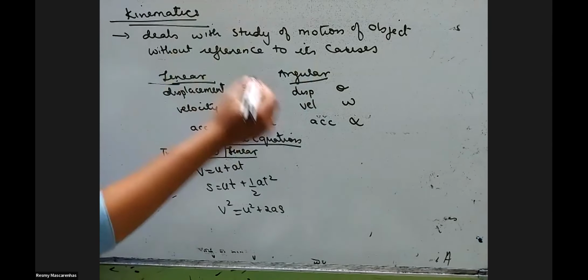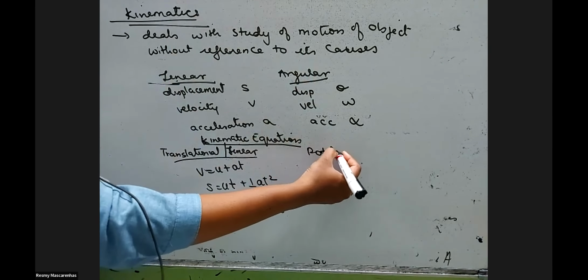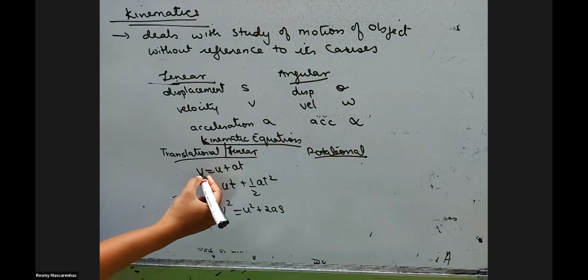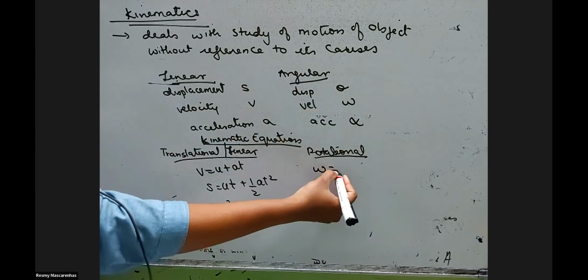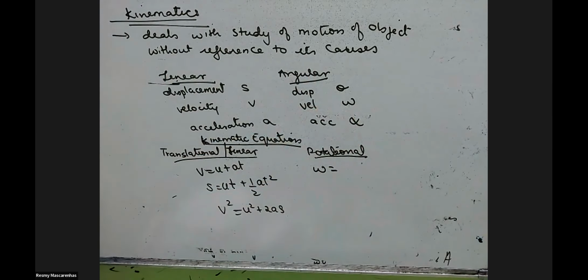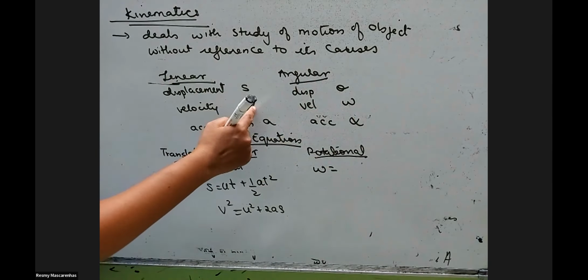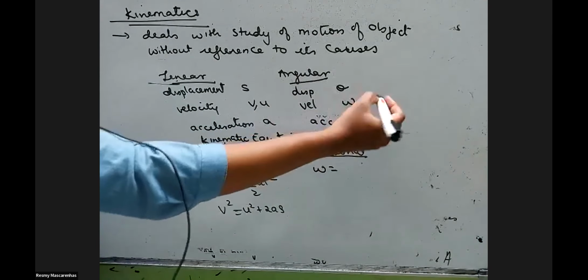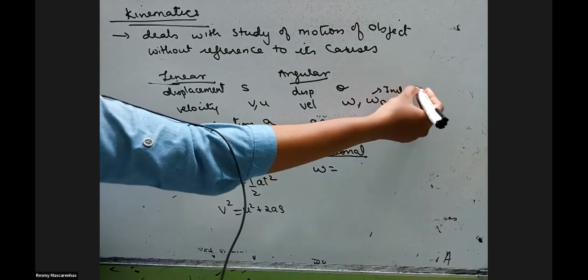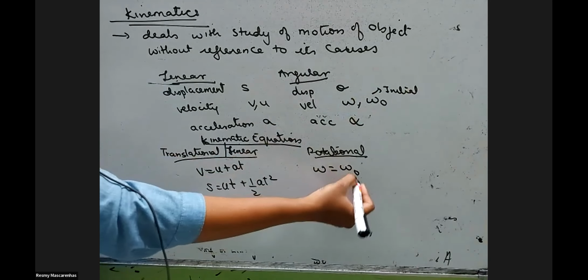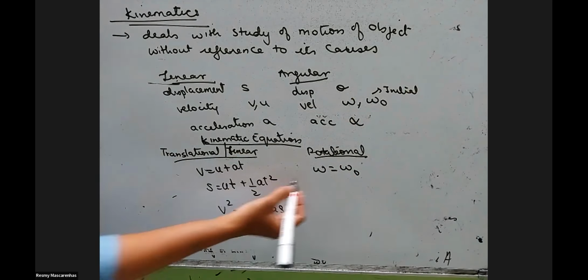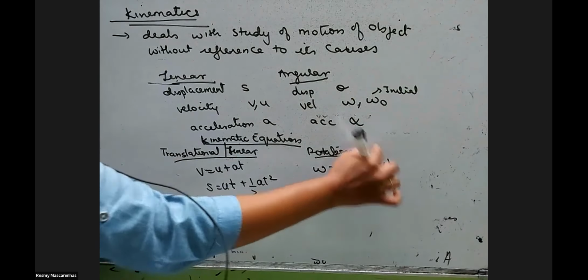Now the only thing we have to change is for rotation. For rotational, instead of V, which letter do we use? Omega. So we cannot use V and U here. For initial and final, we use omega naught as the initial and omega as the final. Instead of U we'll use omega naught. Instead of AT, this will be alpha t.